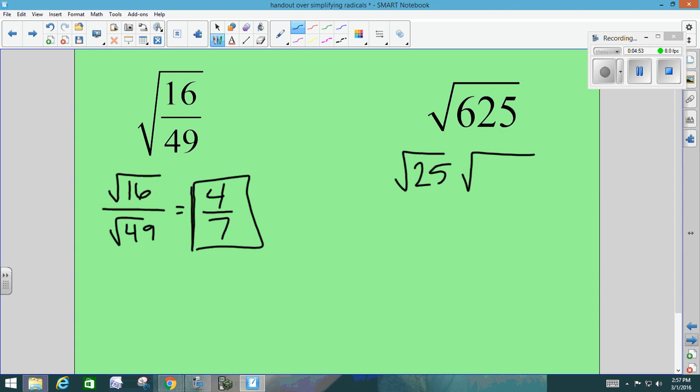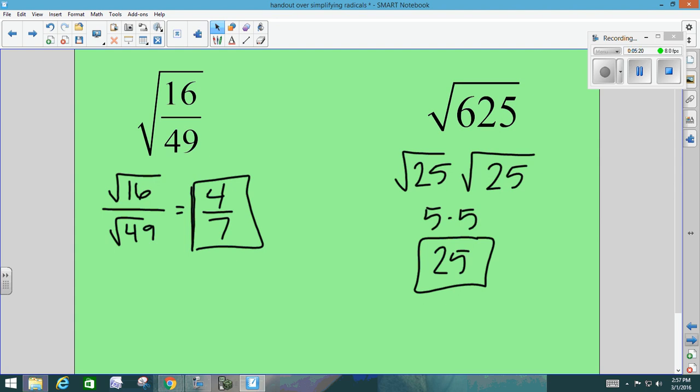So what's 6 times 4? 24, and then I got 25 more cents. 25. All right. What's the square root of 25? What's 5 times 5? 625 is a perfect square. Its square root is 25. You might see that one more often than you would expect.